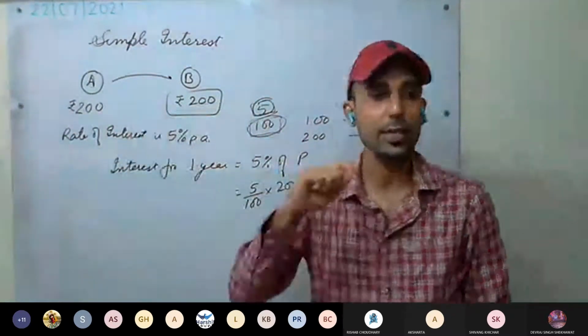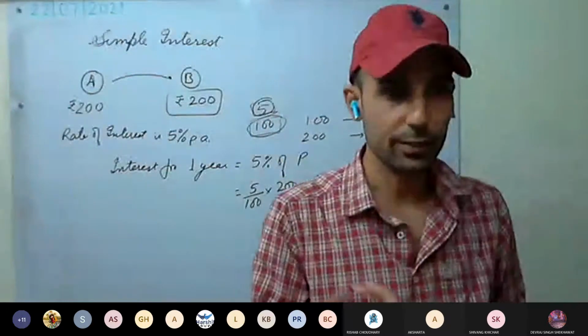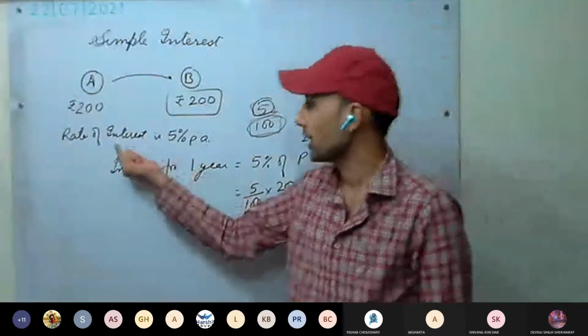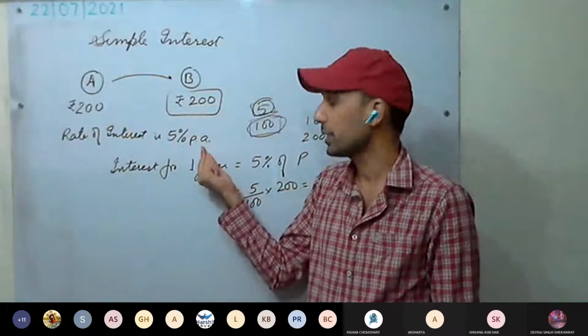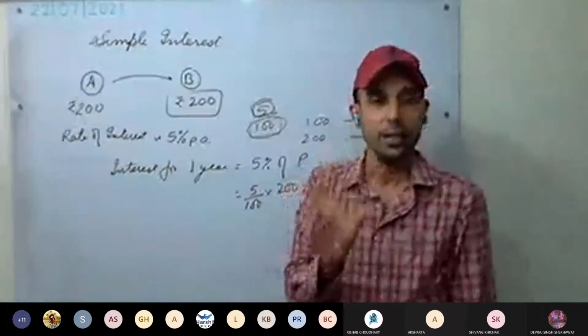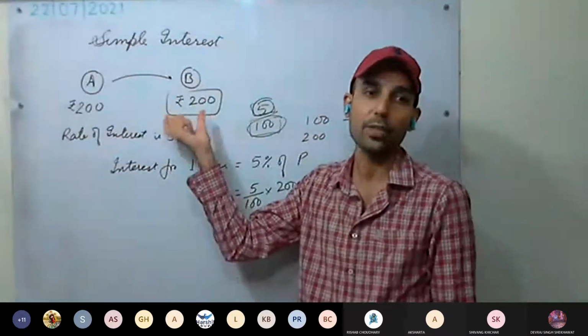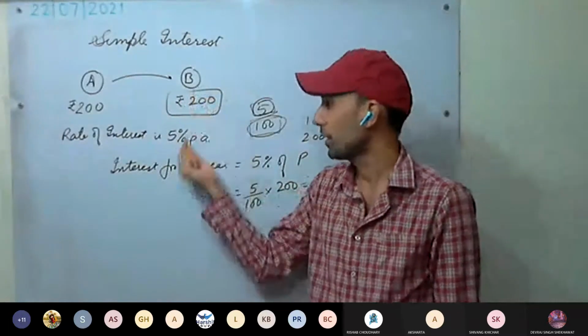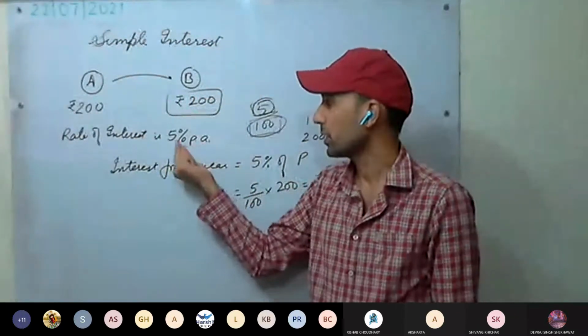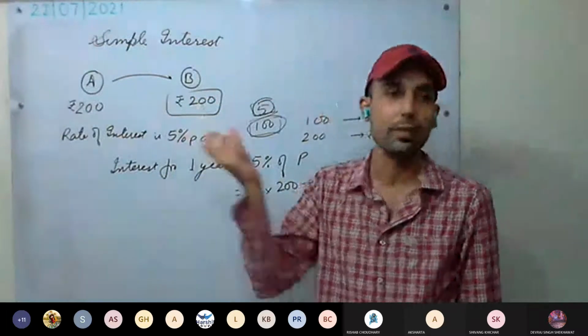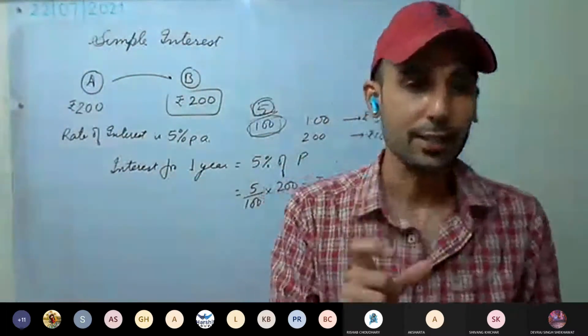We have been provided the rate of interest. At what rate is A charging B? That is 5% per annum. Per annum means every year, 5% of the total principal will be charged as interest.